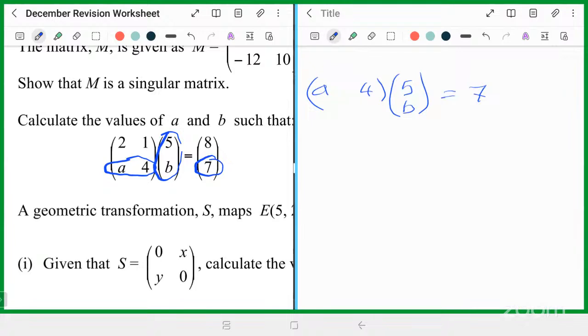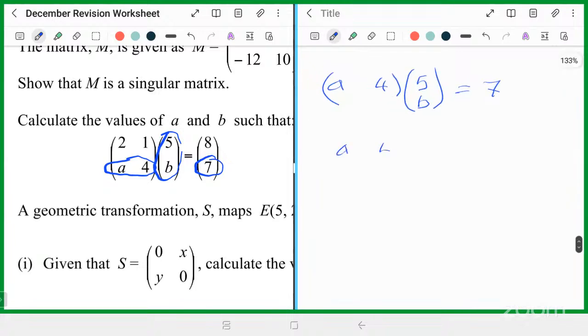So the a, 4 times the 5, negative 2, because we know that the b is now negative 2, is equal to 7. So first element times first element, plus second element times second element. So it's a times 5, which is 5a, plus 4 times negative 2, that's negative 8. So we can just say minus 8.